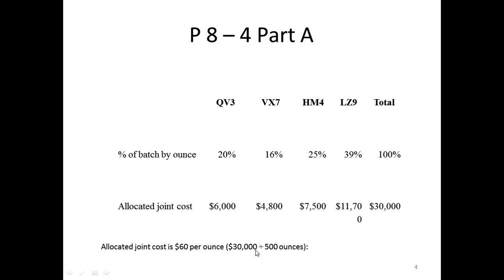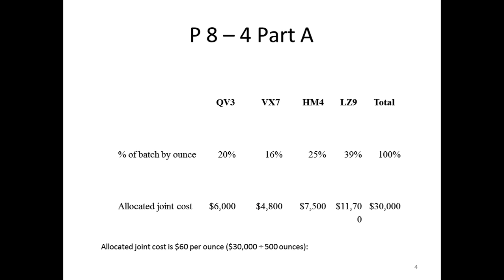You take the total joint cost divided by the total number of ounces produced, which is 500. So the highest allocation in that case goes to LZ9. It's 11,700. One of the zeros seems to have escaped to the bottom line. The lowest allocation goes to VX7.